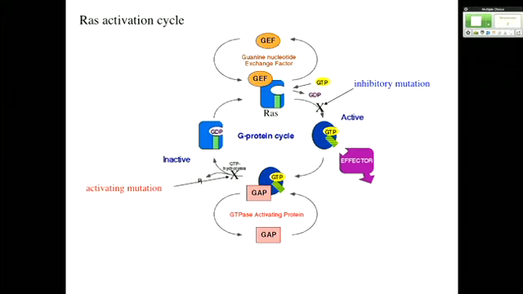So the first human oncogene was a mutant form of RAS, and I've just shown you an inhibitory and an activating mutation. And the question is, A, is it an inhibitory mutation? Or B, is it an activating mutation that has caused RAS to become an oncogene?